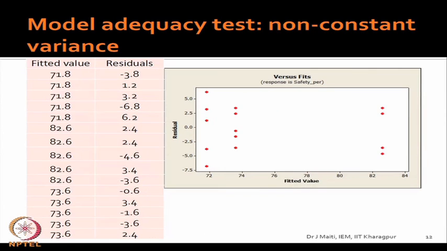Third one, what you have to test, that is non-constant variance. We said that the variance is equal across the population. So, here what you require to do is find out the fitted values and residuals. Now, what are the fitted values here? What will be the fitted value?